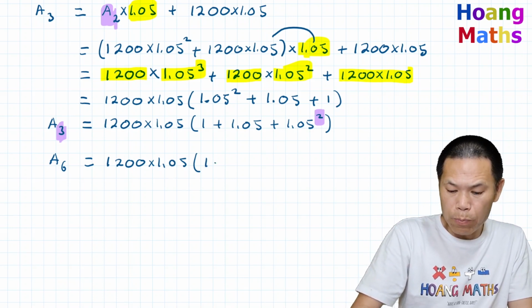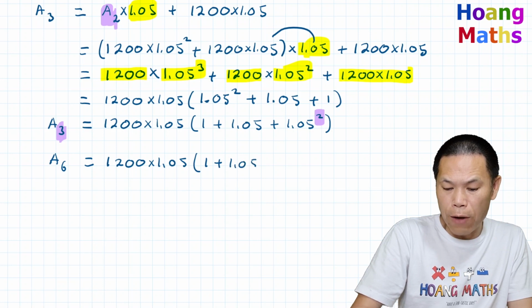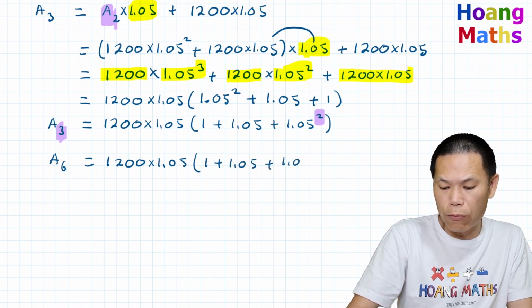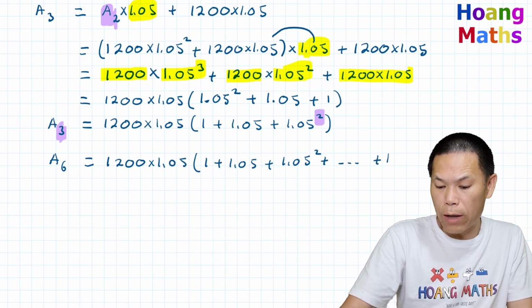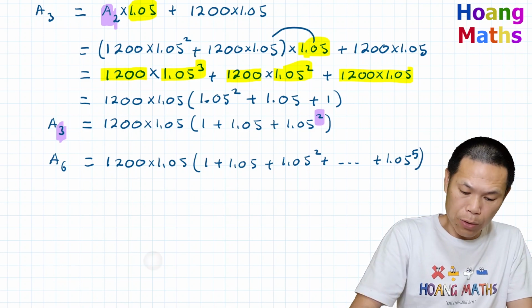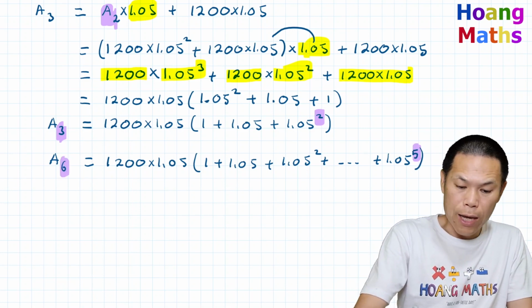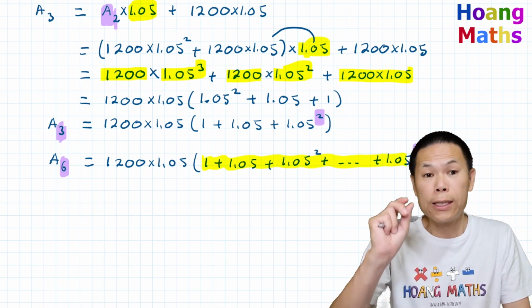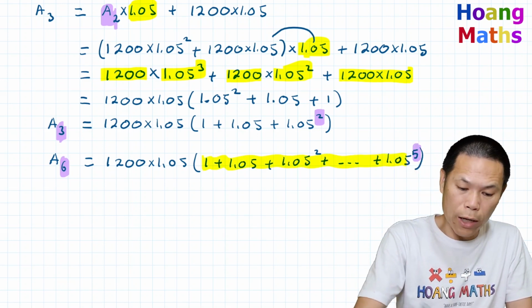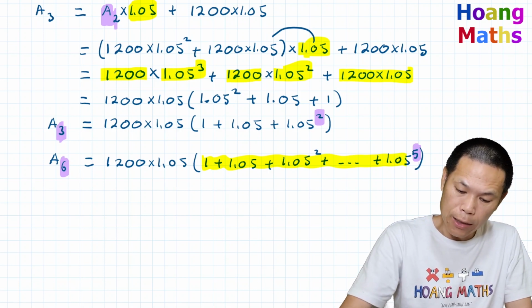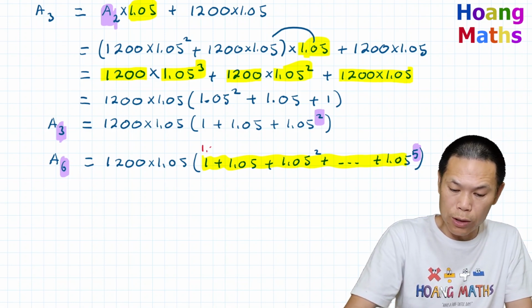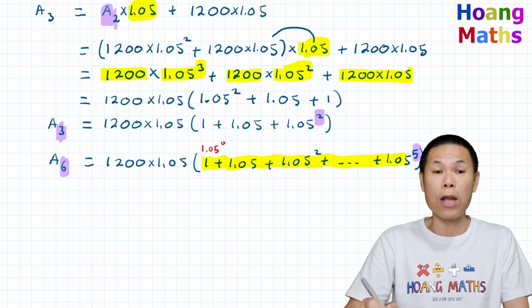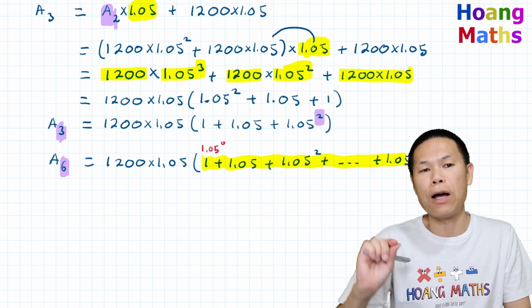Now don't forget, because it's 6, it should give me 5. And inside this series here are also 6 terms, because 1 is exactly the same as 1.05 power 0, if you like. So from 0 all the way to 5, so 6 terms.